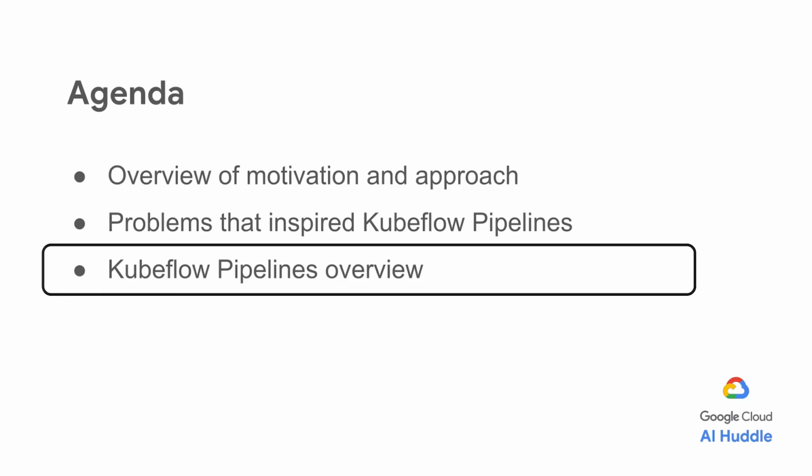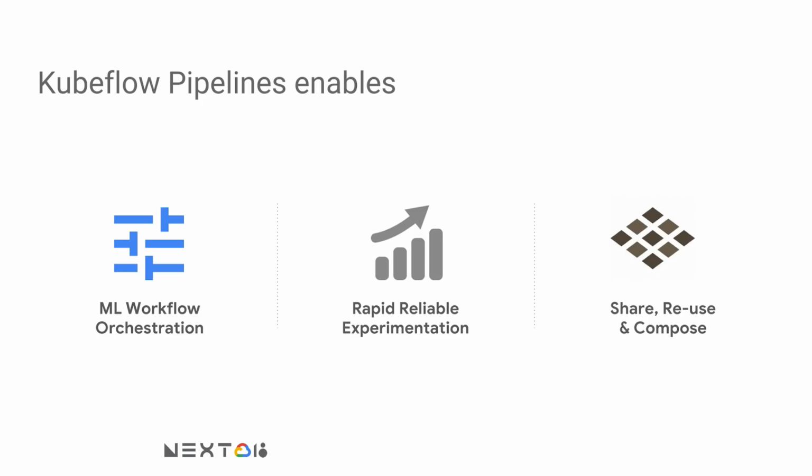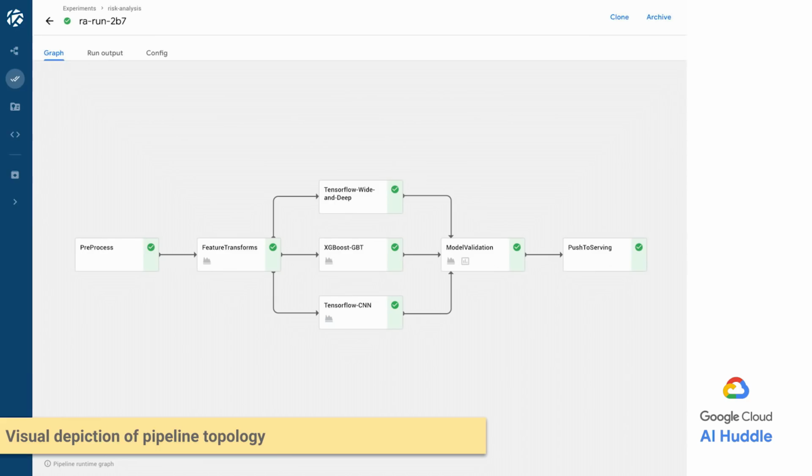Next, I'll give you an overview of Kubeflow Pipelines, the features it has. The first piece of it is orchestrating your system. Basically, in your pipeline, you will have different components that are responsible for pre-processing, transforming, training, and so on.